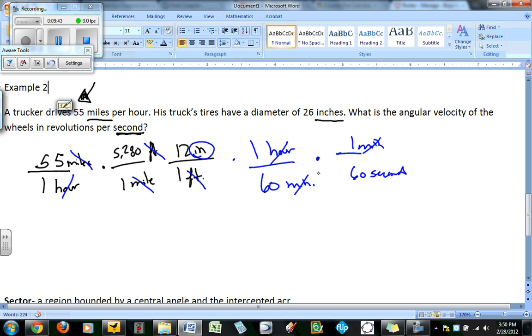All right, and if we go ahead and multiply these out, we could look diagonally and cross out, or we could go 55 times 5,280 times 12. And on top we would have 3,484,800.